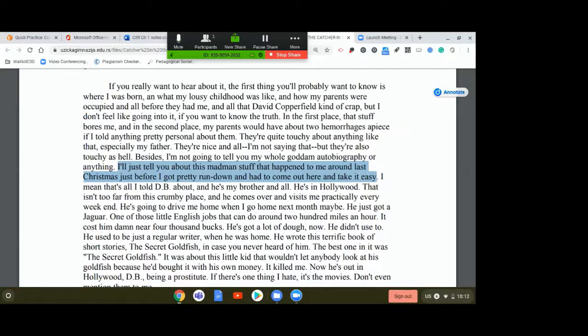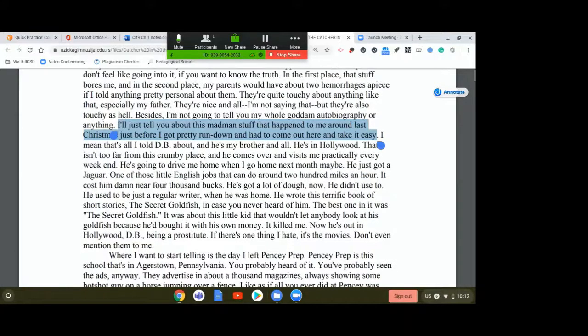His brother lives out there, DB, and he calls his brother a prostitute. I'm going to pause on that and take a sip of my tea. A prostitute is someone who sells their body for sex to profit. That's an accusation. That's a pretty strong accusation that Holden is making about his brother.